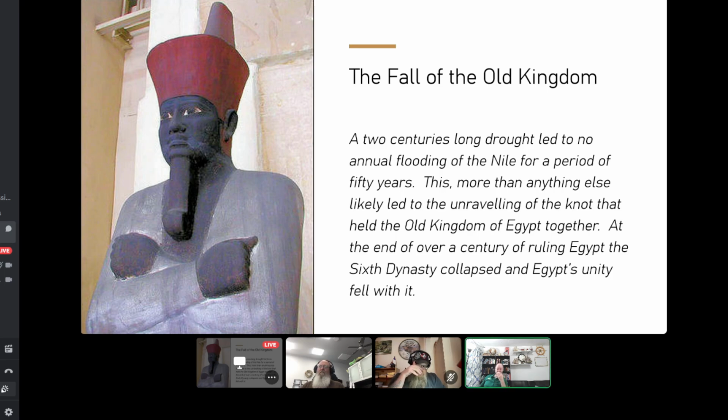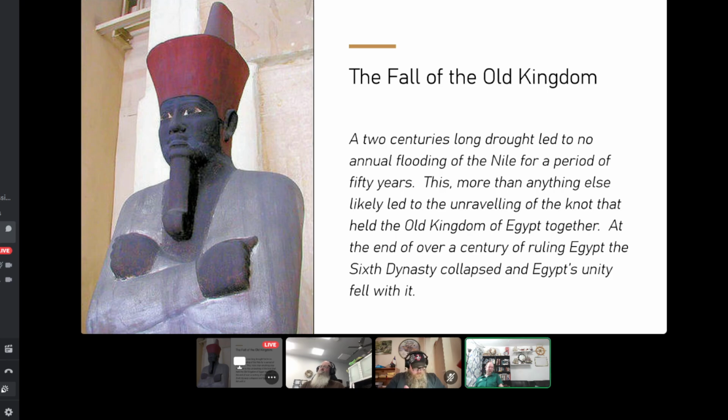And you can imagine when Pepi died, the last thing they wanted was one of his brats or grandchildren or nephew's cousin's boyfriend's sister-in-law to come to the throne and try to take that power back away from them. So this was a problem.